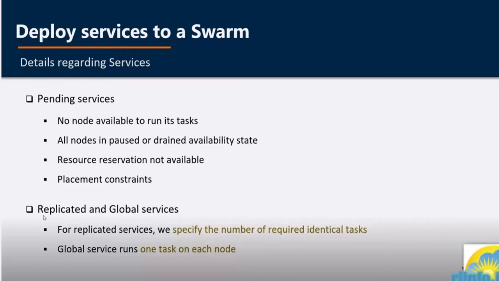A global service is a service that runs a task on every node. There is no pre-specified number of tasks. Each time you add a node to a swarm, the orchestrator creates a task and the scheduler assigns this task to the new node. Good candidates for global services are monitoring agents, antivirus scanners, or other types of containers that you want to run on every node in the swarm.